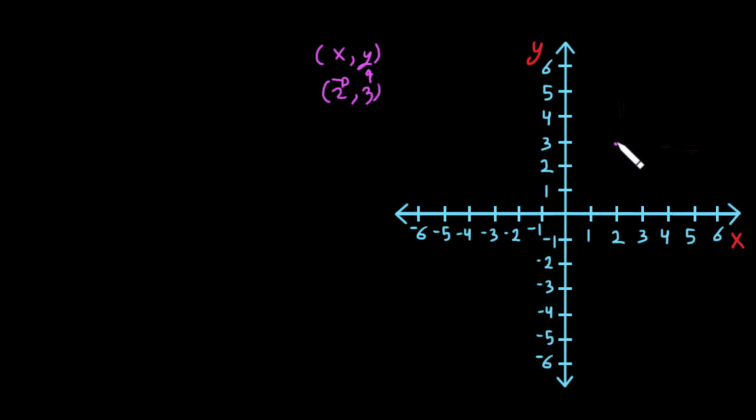Also, you can visualize this x and y as the intersection of the vertical line x and the horizontal line y. How? For example, x equals 2 means any point on this vertical line, so let's draw this line.